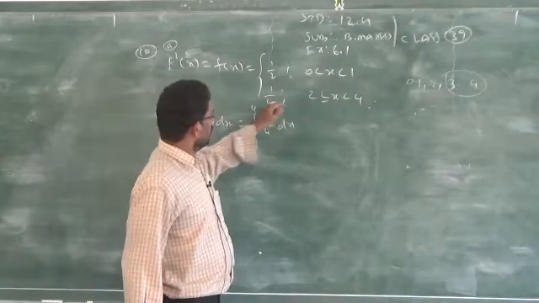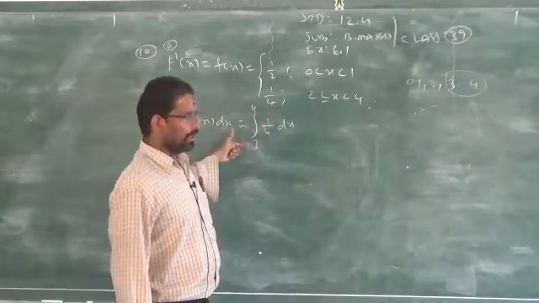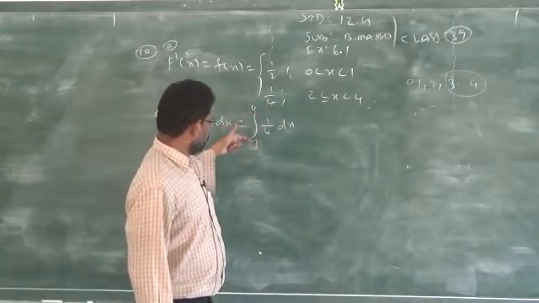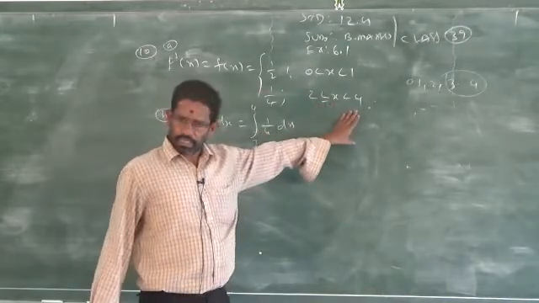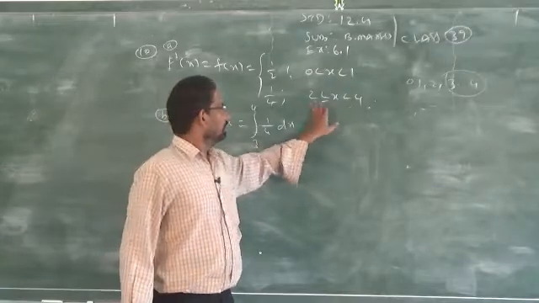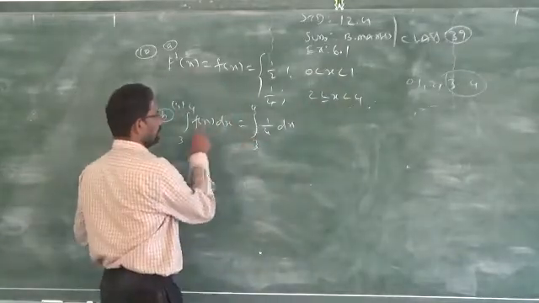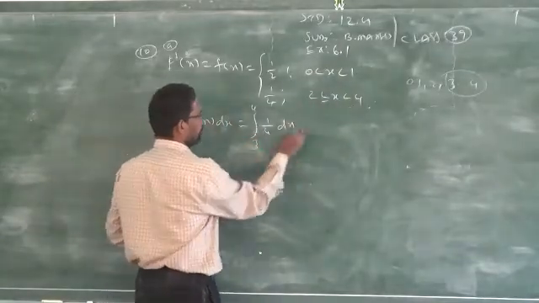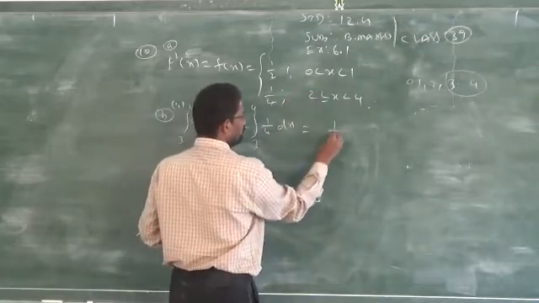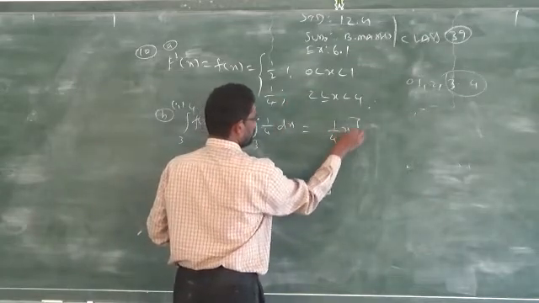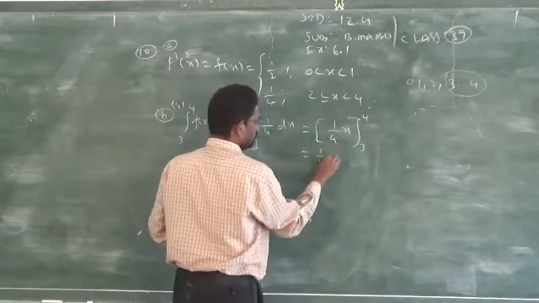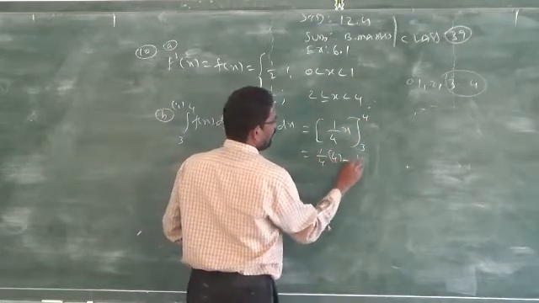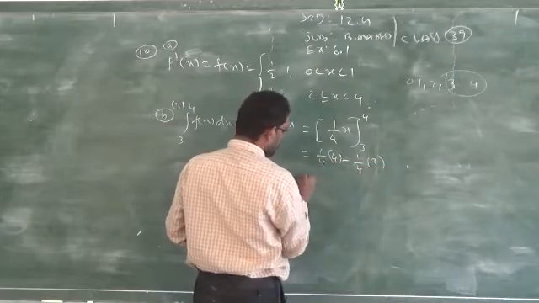The corresponding function depends upon the limit. The limits from 3 to 4 fall in 2 to 4. So, what is the corresponding function for 2 to 4? 1 by 4. So, you can replace f of x by 1 by 4. If you integrate, the integration of a constant is x, from 3 to 4: upper limit minus lower limit.